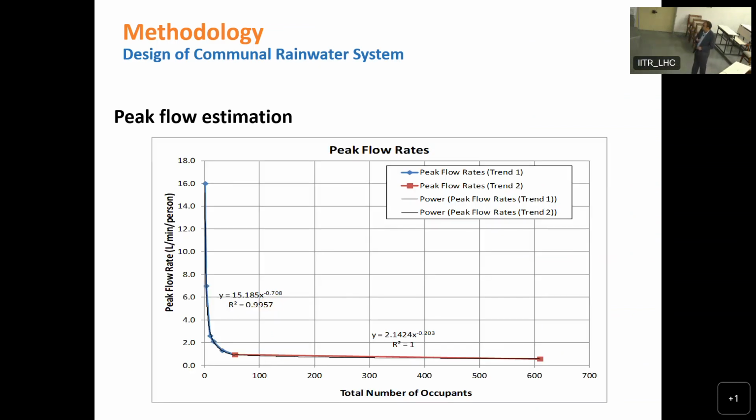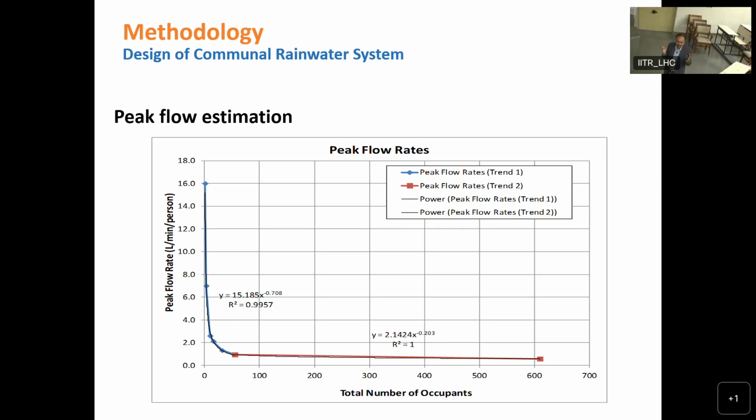So we collected some data based on metering information which was available locally, and then we plotted it. As you can see, the peak flow rate is very high where the numbers are very low. Why?